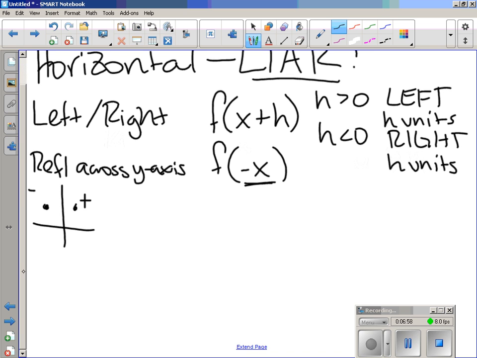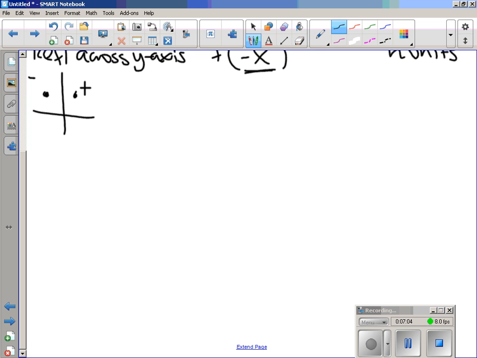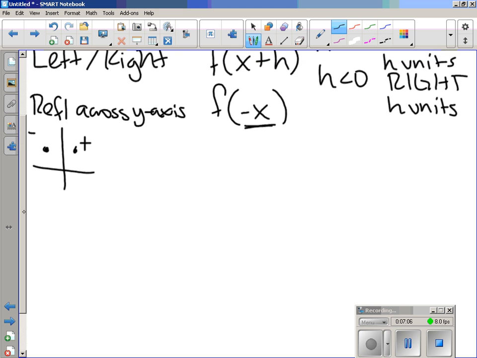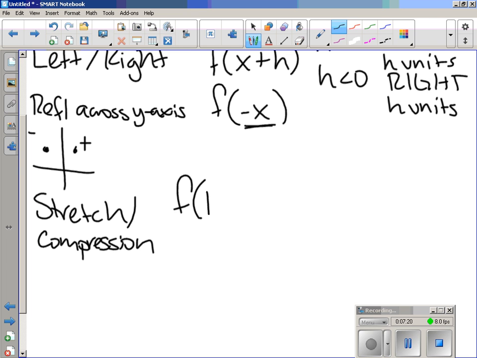Then horizontal stretches and compressions. This is probably, of all the different types of transformations, the most complicated and the easiest one to miss. So if I want to do a stretch or compression, it's going to go inside the parentheses, and I'm going to use the letter B for that.